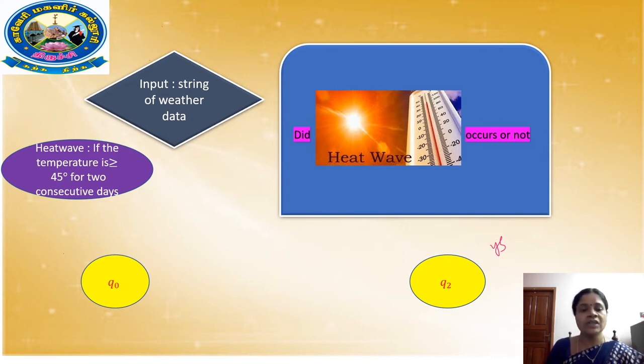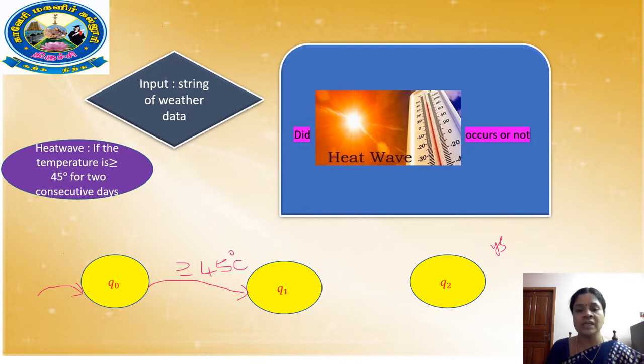For that, first we have to take Q0 as a starting state, and if we have a temperature more than 45 degrees, it moves on to the next state Q1, and we have to verify whether the other day also has a temperature greater than 45 degrees or not.